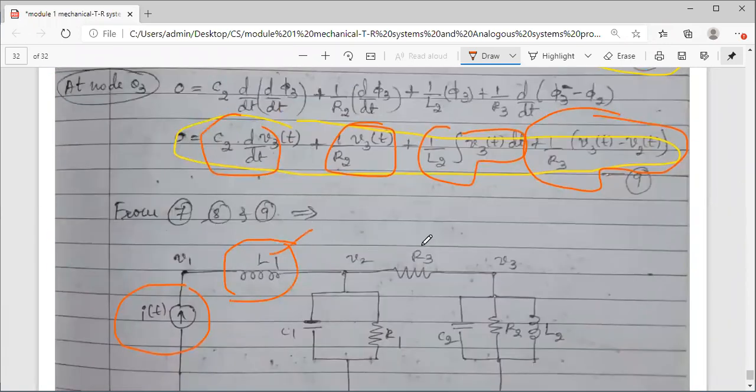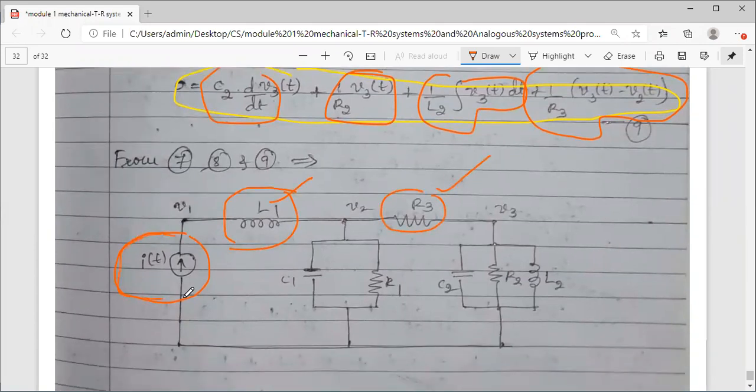Okay, fine. These two indicate the shared elements. V1 purely we are not having anything except the source. For second, we are having purely C1, R1. For the third node, we are having 3 elements purely. This is your analogous circuit for the torque current analogy.